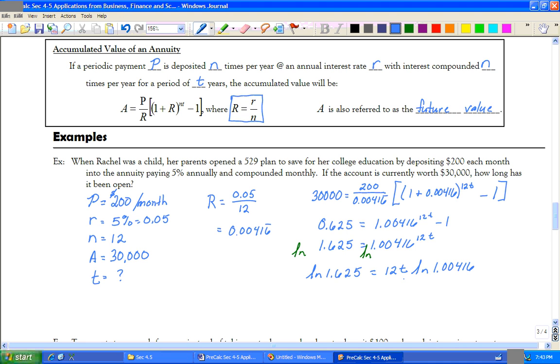So to solve for t, we're going to divide both sides by 12 times that natural log. And we end up with our answer of T is approximately equal to 9.73 years. So they've had that account open for her for almost 10 years.